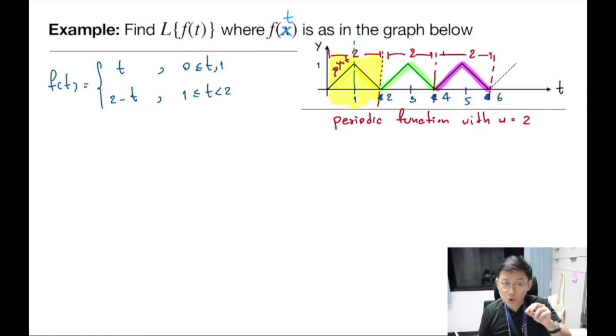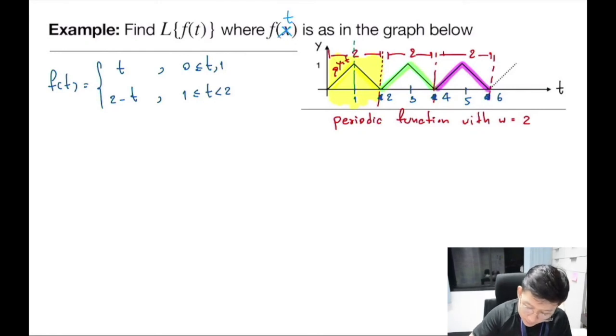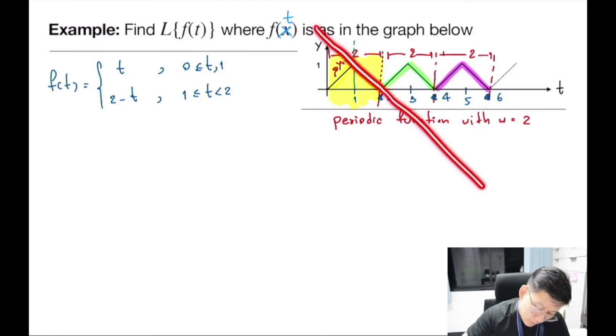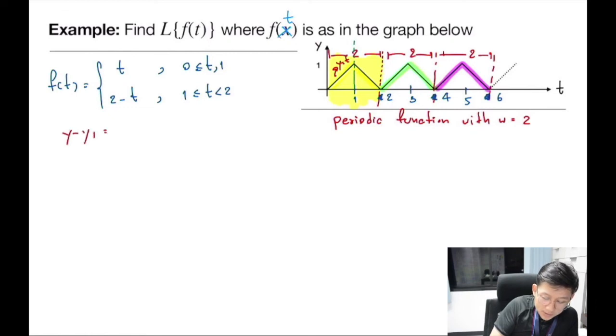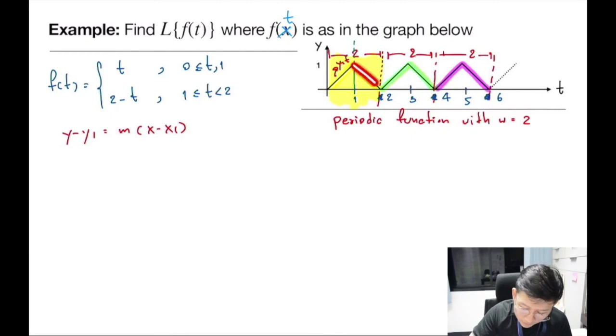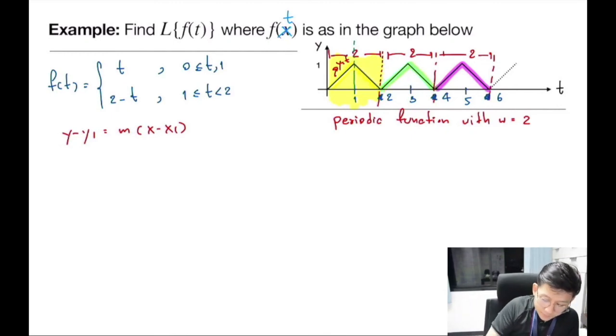From 1 to 2, it looks like this line, which is 2 minus t. Guys, I'm not sure if you remember how to create a linear equation. You get y minus y1 equals m times x minus x1. Here, m is delta y divided by delta x.